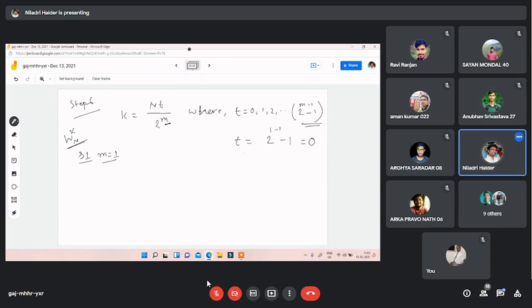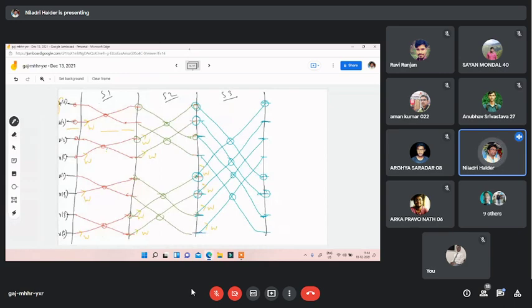So t will vary from 0 to 0, meaning t will have only one value, that is 0, for stage 1. So k will be 0 multiplied by t, whatever the value, it will give you 0. So for stage 1, all the k values for W will be 0. Keep in mind.